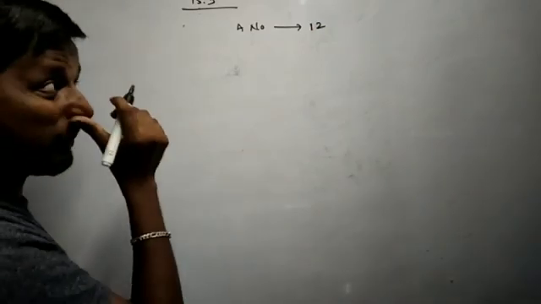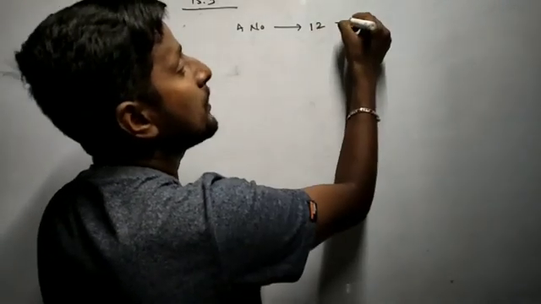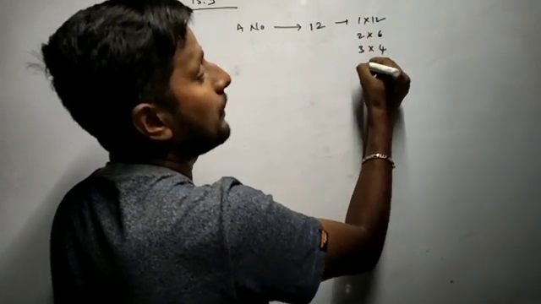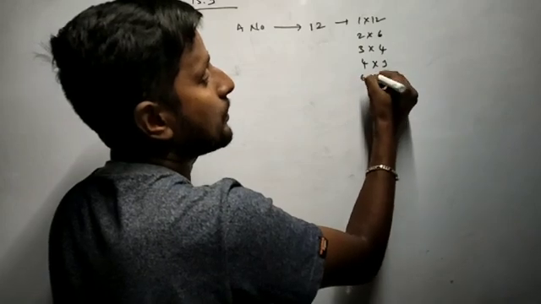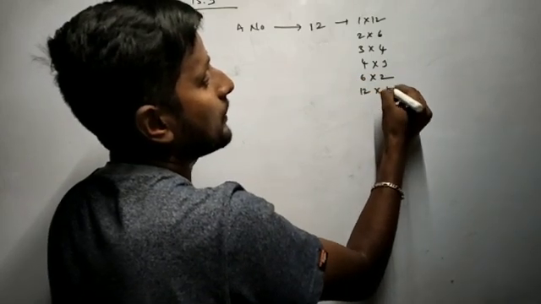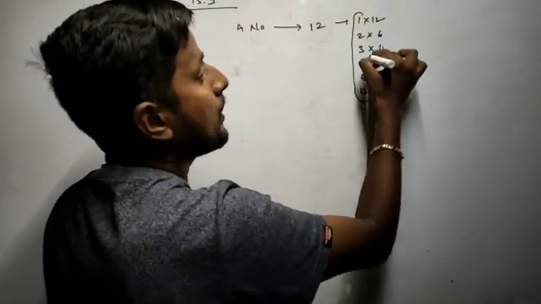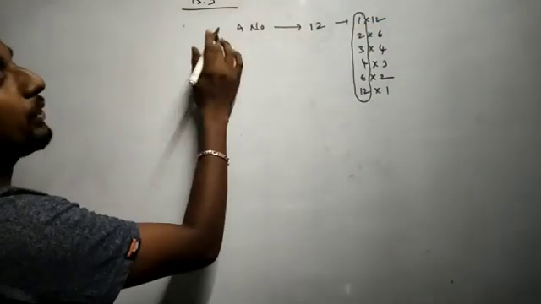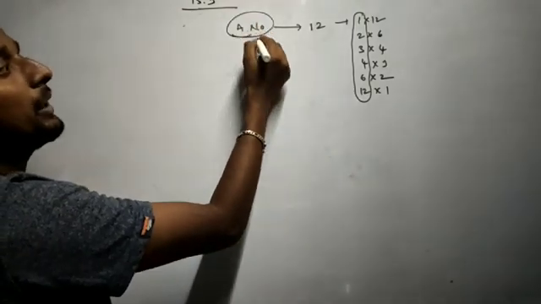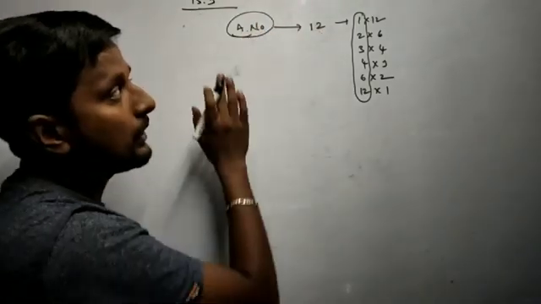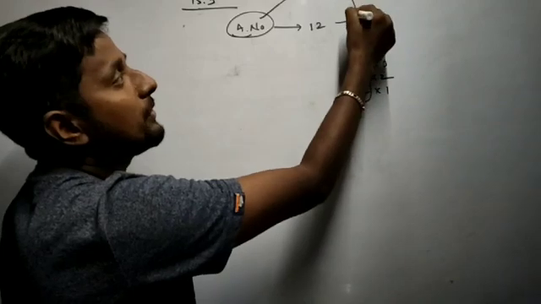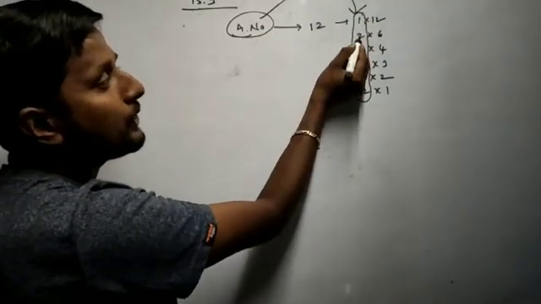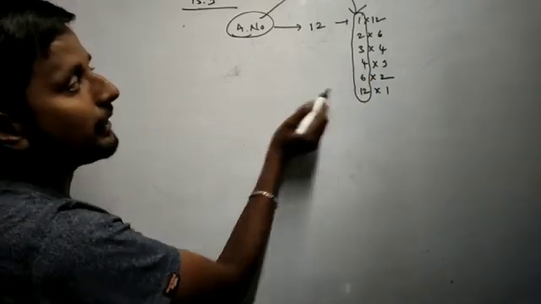Then what happens if you write the factors of 12? 1 12 is 12, 2 6s are 12, 3 4s are 12, 4 3s are 12, 6 2s are 12, 12 1s are 12. So these are the factors, correct? So if a number is divisible by 12, the number is also divisible by the factors of 12. So it is divisible by 1, 2, 3, 4, 6 and also 12.